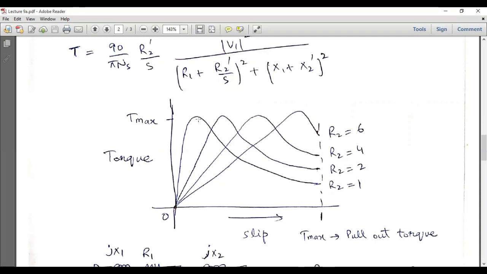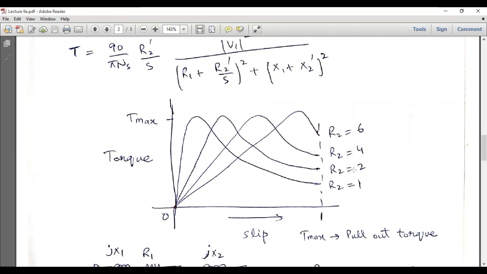Now we can see that in all these cases, the maximum torque is constant, but the slip for the maximum torque is different. So the maximum torque value is the same, but for the smallest value of rotor resistance, the slip is small.